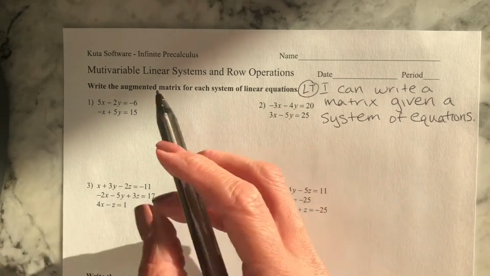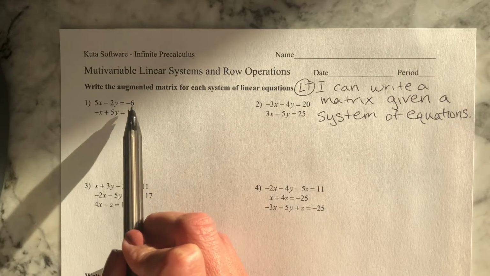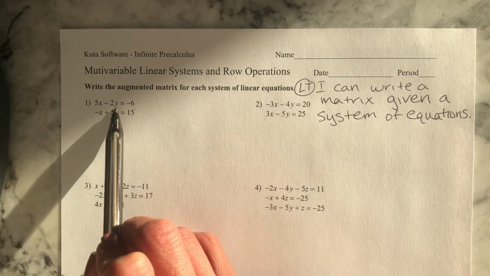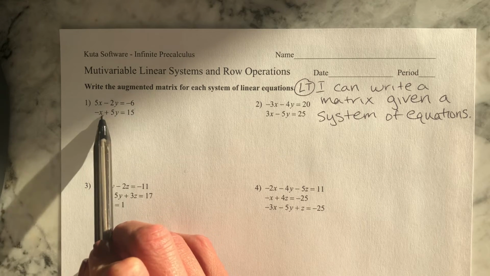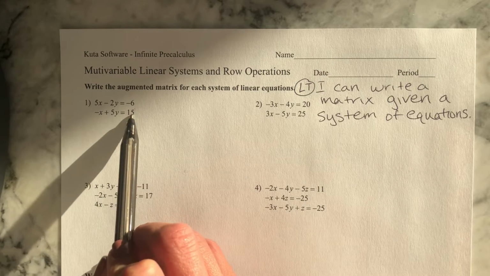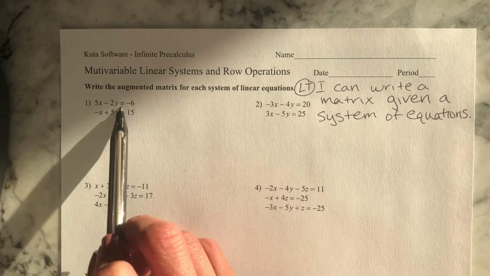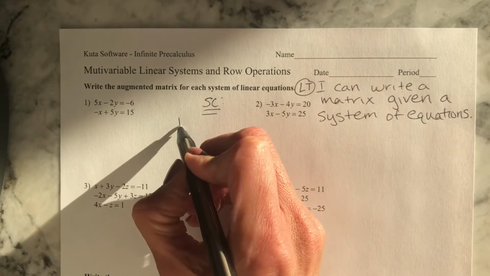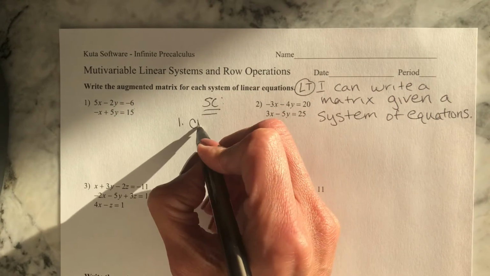So the first thing you want to do is make sure it's in order. You have your x term, your y term, equals a constant. So this is in order. Number 1, check the order.